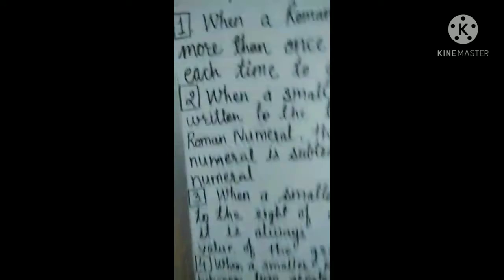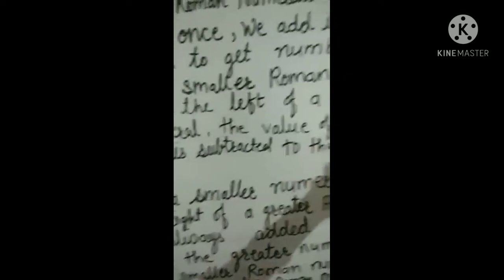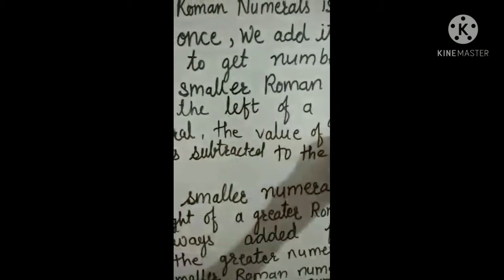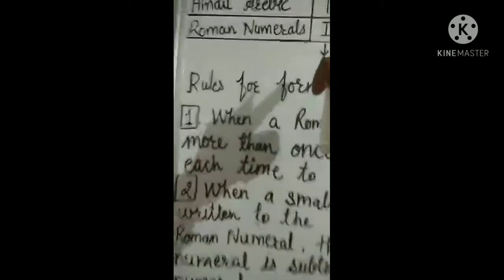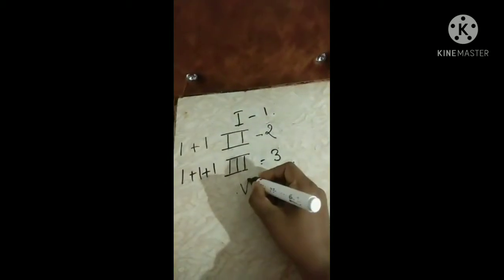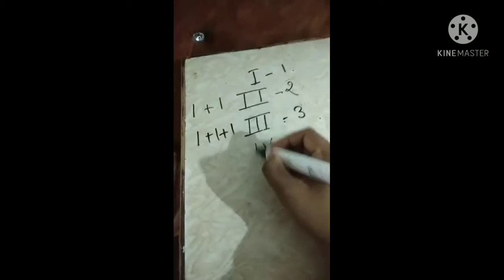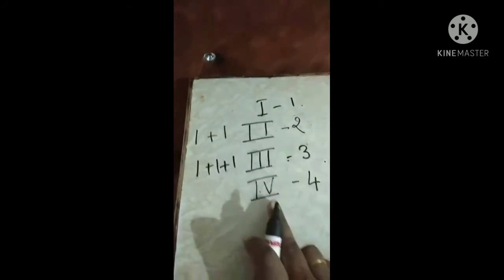For writing 4, I will use this rule. A smaller Roman numeral is written to the left of a greater Roman numeral. Now, after I, there is a greater numeral, 5. So, for writing 4, I have to write I before V. IV means 4. How?